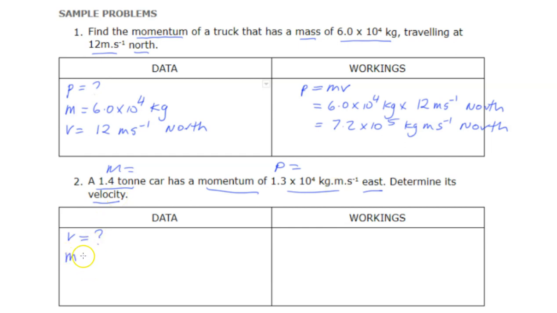We've got 1.4 tonne, which is equivalent to 1400 kilograms. Same strategy: we write the equation, and we substitute and solve.